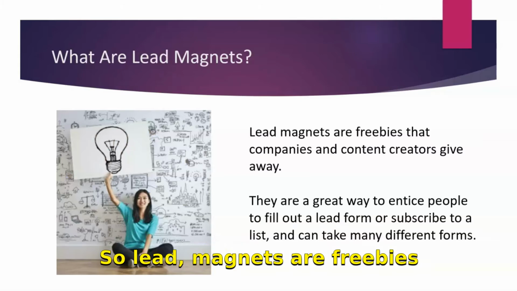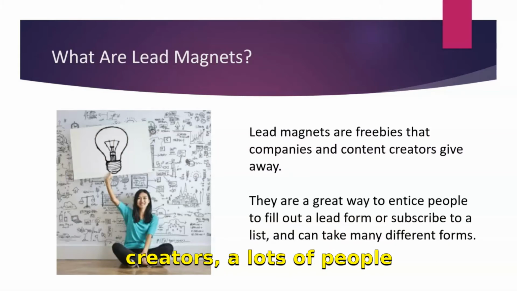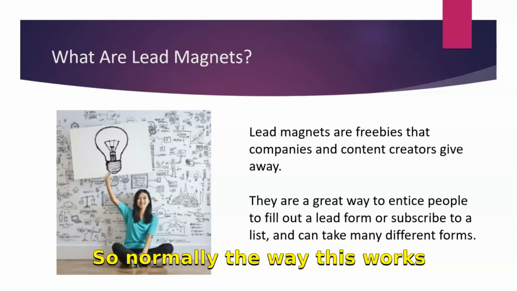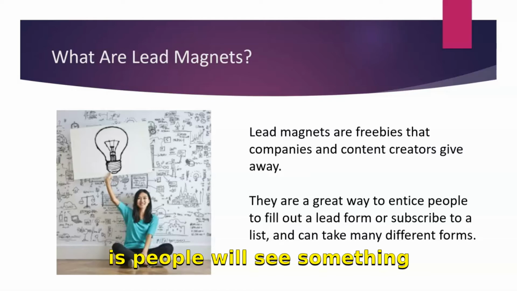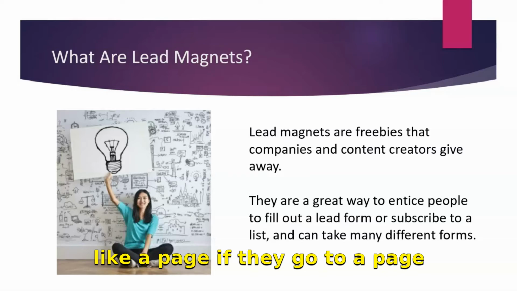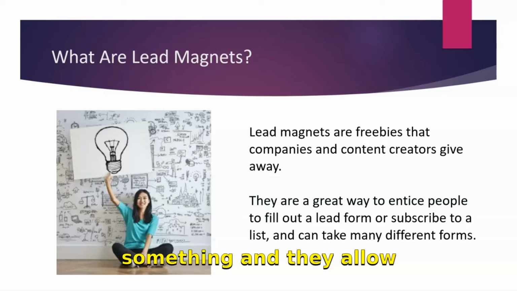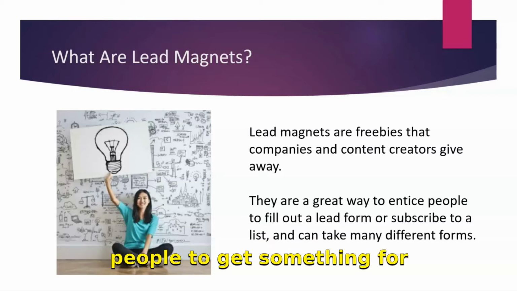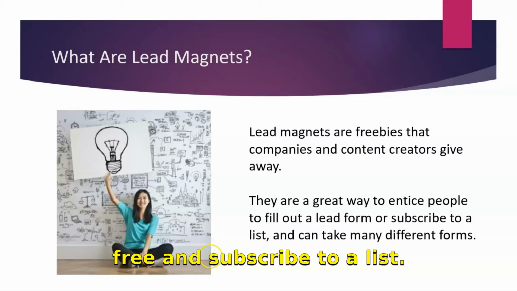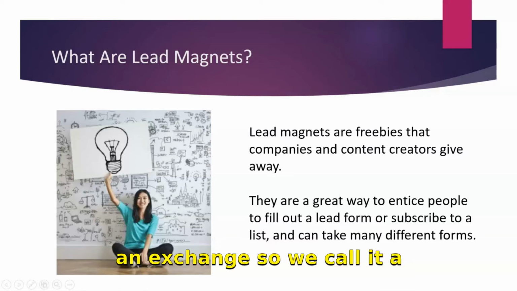So lead magnets are freebies that companies, content creators, lots of people online give away. Normally the way this works is people will go to a page, or perhaps it's a pop-up on a blog, and they can get something for free and subscribe to a list. It's basically like an exchange.